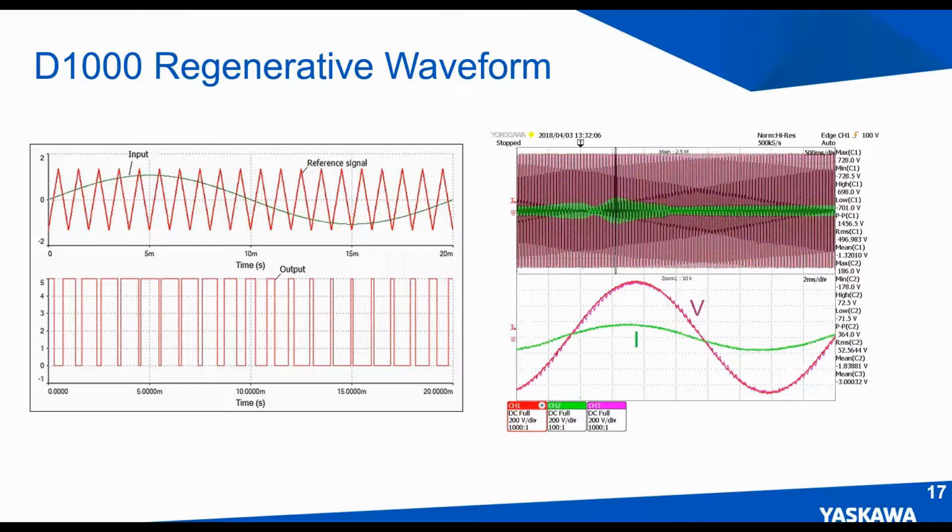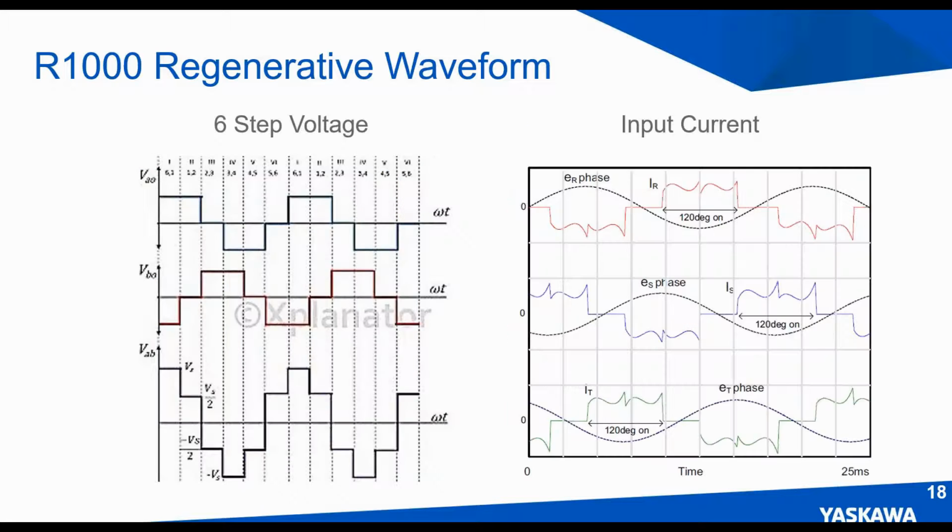As I said previously, the R1000 does not generate a PWM waveform. Instead, it's a 6-pulse waveform. Essentially, each output phase, so if you consider VAO here as your R, VBO as your S, and then VAB here is your R and S. So you've got your per phase voltage here, and then you have your line to line here.